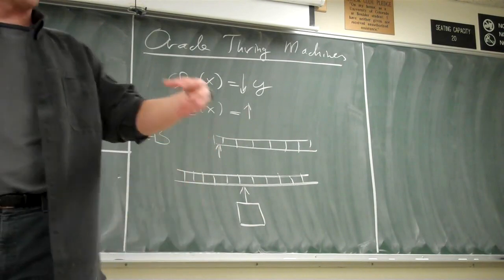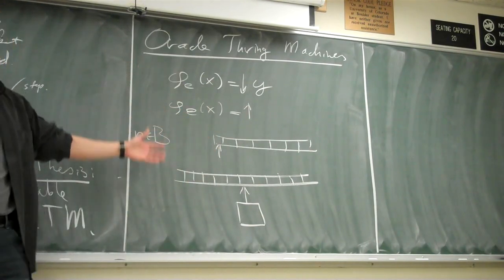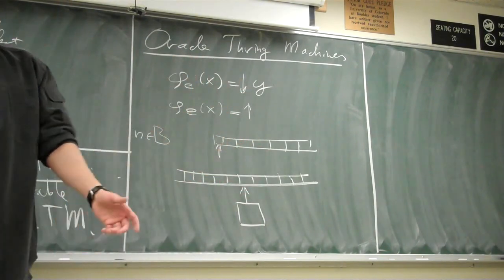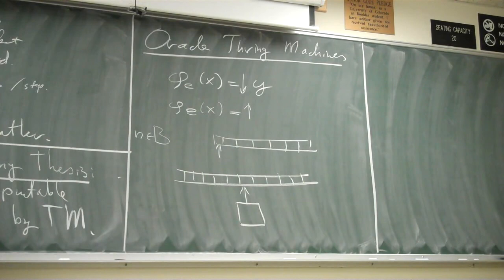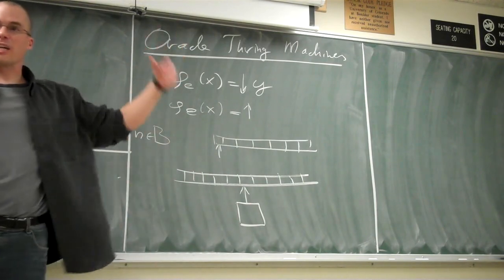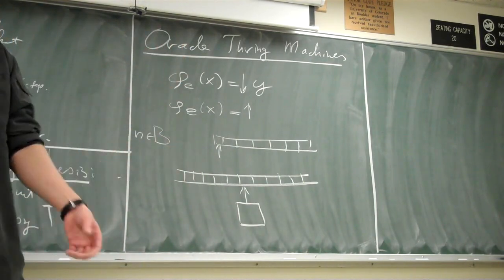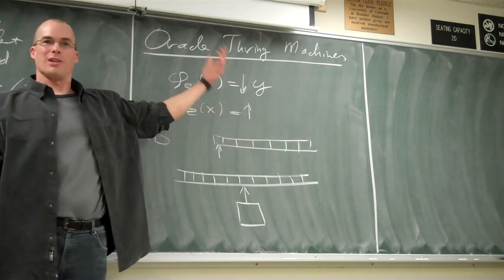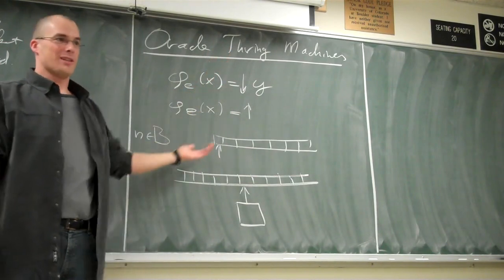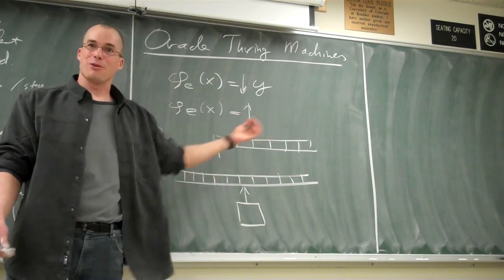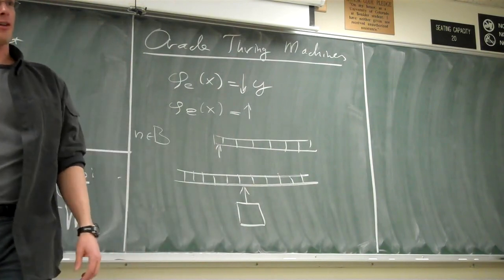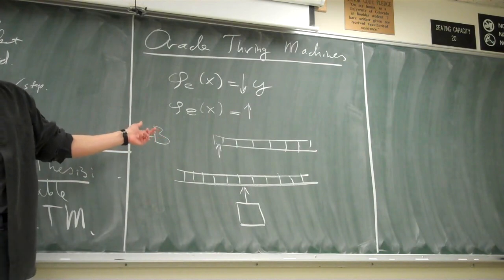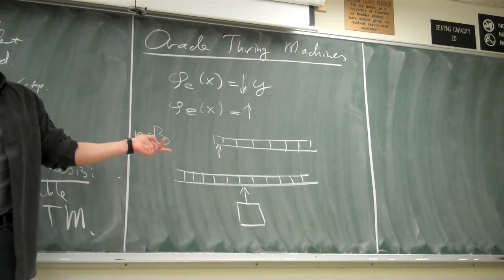So for a specific set B, I have enriched my Turing machine model with access to the characteristic function for this set B. And this is exactly what an Oracle Turing machine is. An Oracle Turing machine is a Turing machine with an additional tape containing the characteristic function, where you can move the head back and forth, and therefore always answer questions about whether or not something is in B, even though B could be an extraordinarily complicated set.